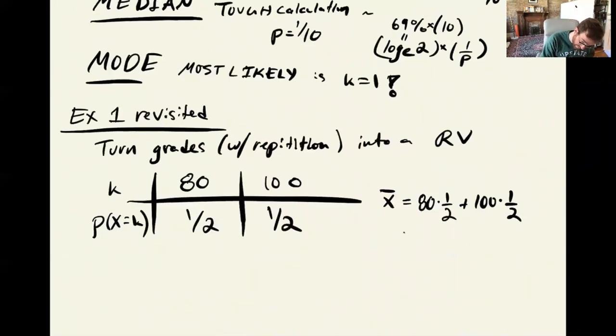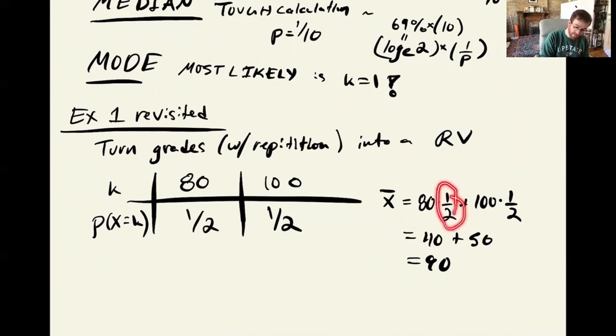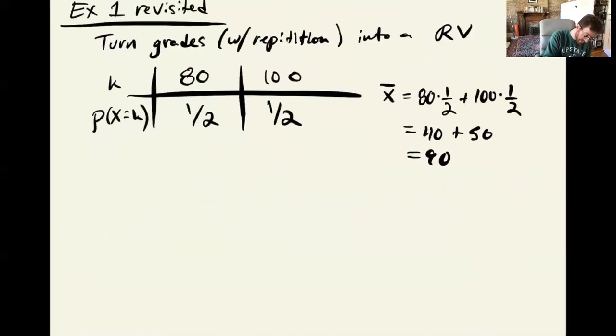Well, that's obviously 40, and this is obviously 50, which equals 90. It's another way of computing the average, where instead of just summing the number twice, I've now recorded that the probability of that score occurring was a half. So here's the general theoretical definition of mean.